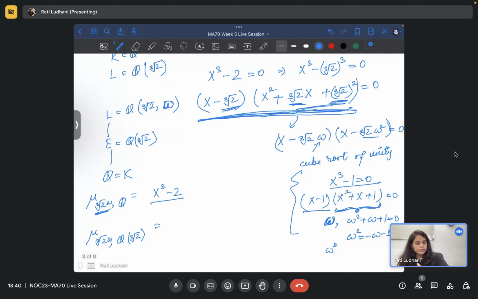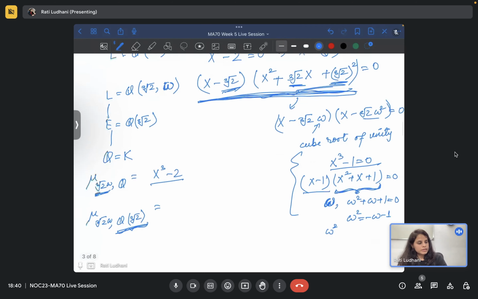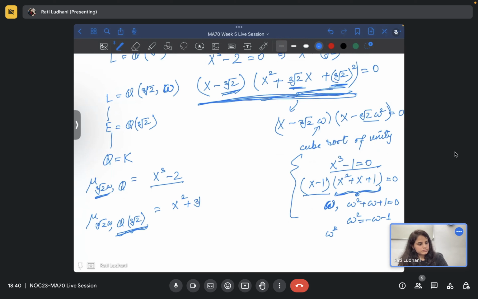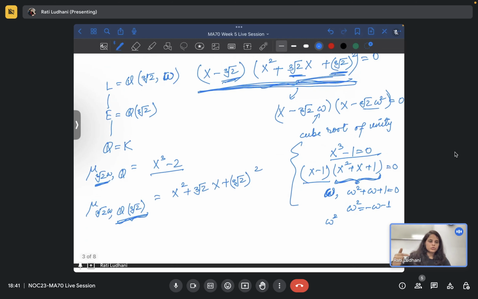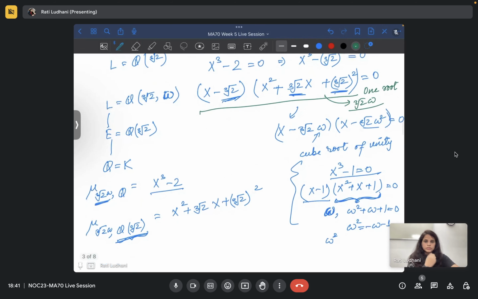Now when you try to find the minimal polynomial in Q cube root of 2, then you will get this. I have modified it to cube root of 2 omega because the root exists in this part. So this part will have the root cube root of 2 omega. One root is this.